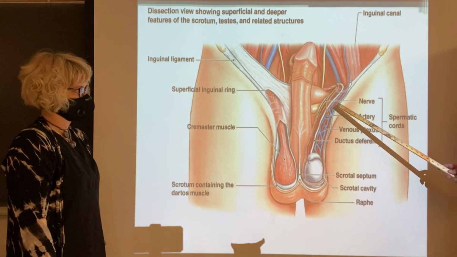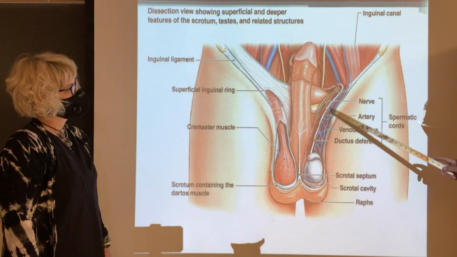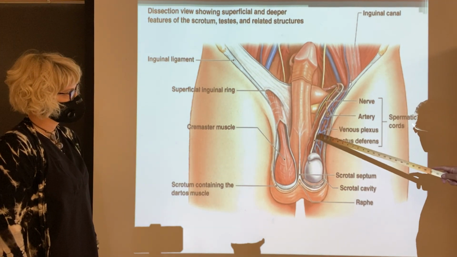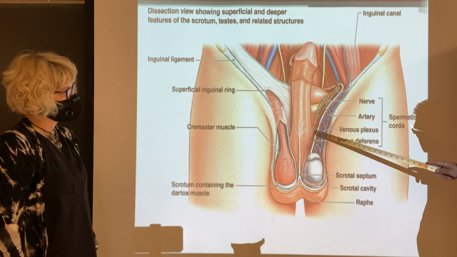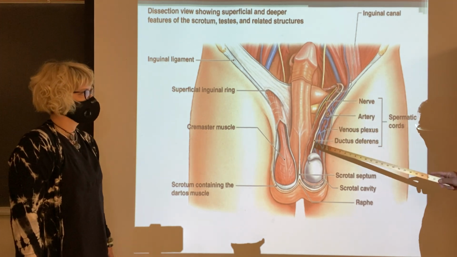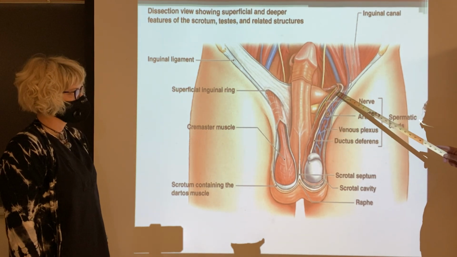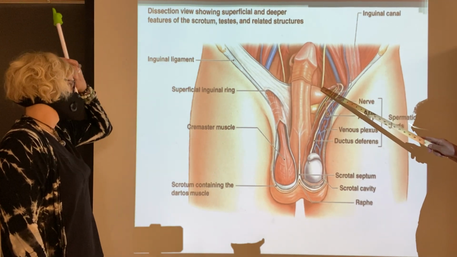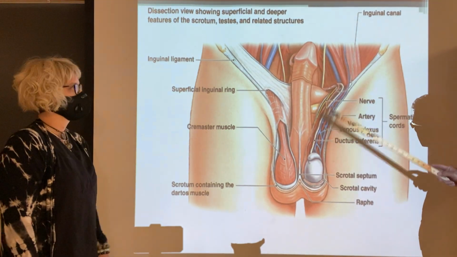And then, of course, here we see the spermatic cord, which is the avenue utilized by the ductus deferens to travel superiorly and posteriorly in terms of the bladder.